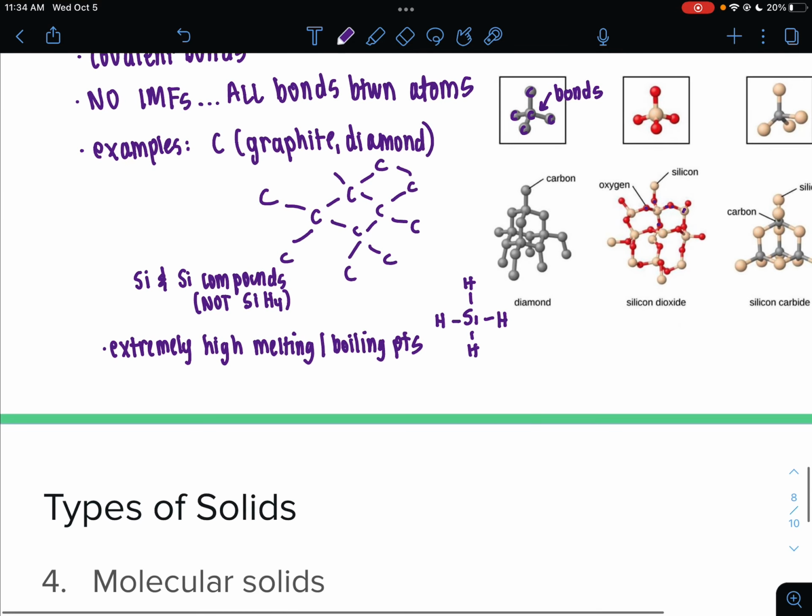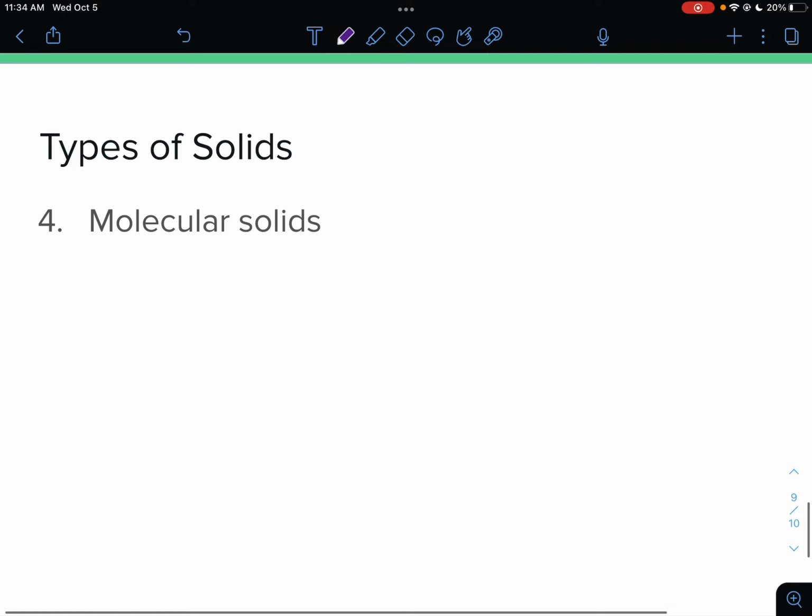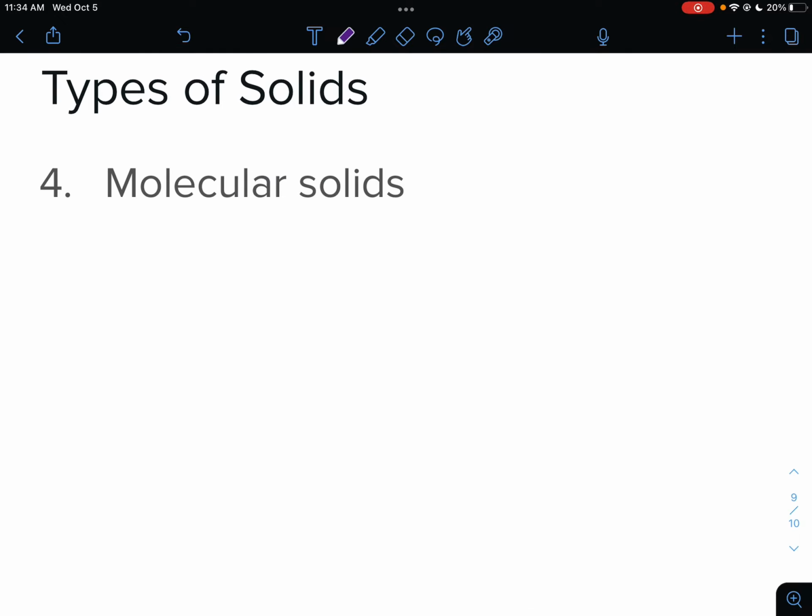All right. And then your last group are the other type of covalent, which we call molecular solids. All right. They're also covalent. But they exist as molecules, like individual molecules in nature.